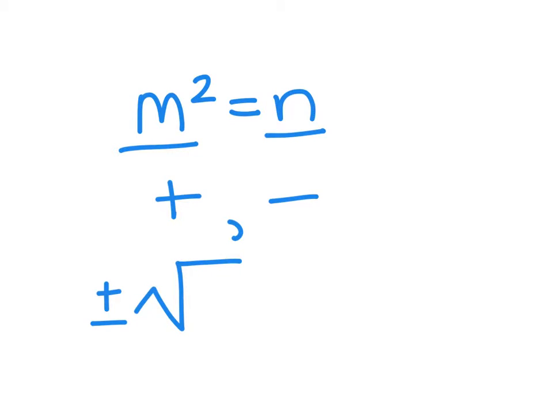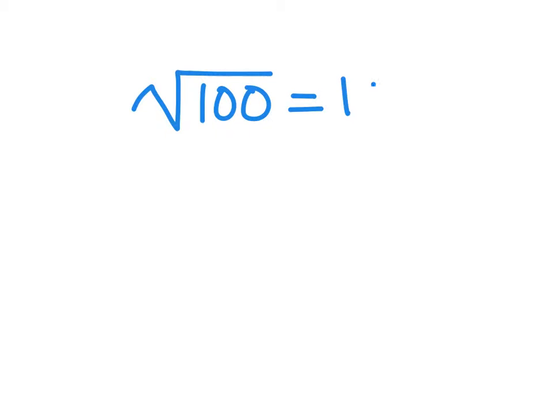For example, the square root of 100 can be drawn in three separate ways. So first we could put the square root of 100 under the radical sign, and that would be equal to 10, because 10 times 10 equals 100. So this is the positive square root of 100. We could also write the negative square root of 100.